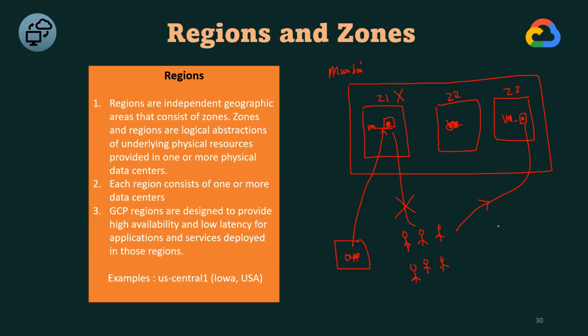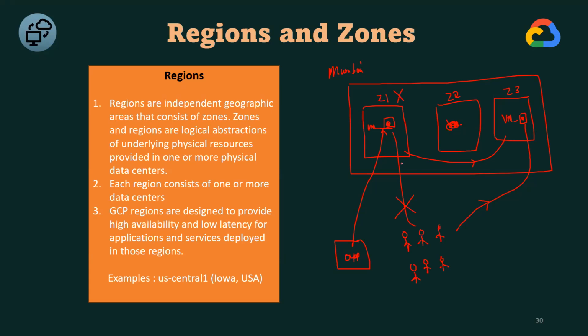So whenever you are deploying your application, it is very good to deploy in multiple zones. What you do is replicate it. Whenever you select multiple zones, what you deploy here is automatically replicated to the other zone via a high bandwidth network.